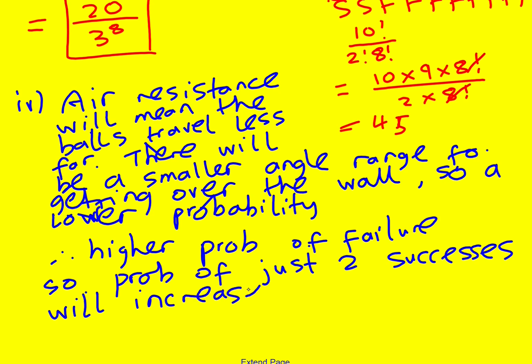We expect to get less over, and so we expect to get a smaller number of successes, more zero successes, more one successes, more two successes, and let's say eight successes and so on.